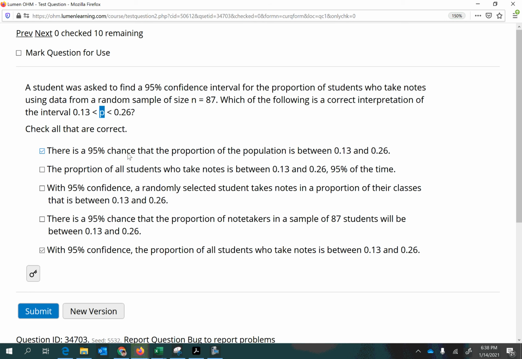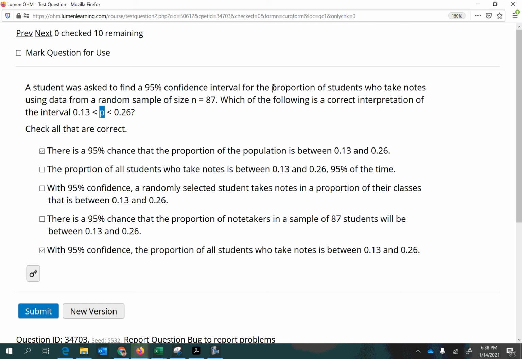There's a very fine line between this one and the first one. So I'm going to read the top one again and compare. The first says there is a 95% chance that the proportion of the population is between, and here, with 95% confidence, the proportion of all students who take notes is between 0.13 and 0.26.